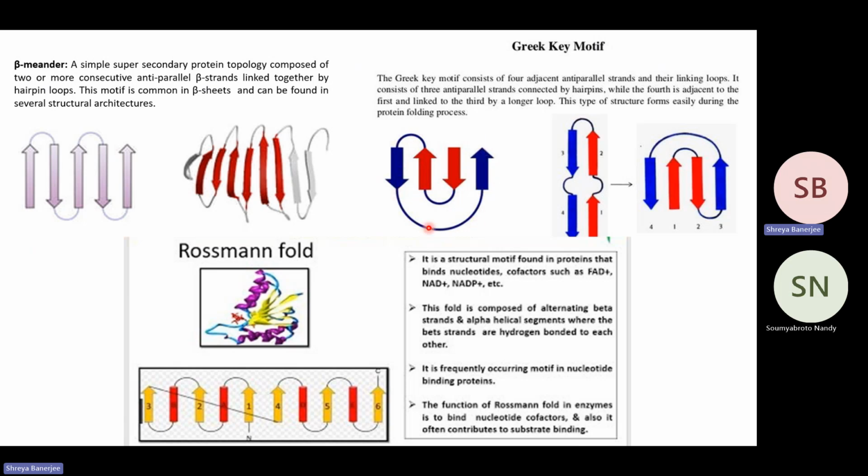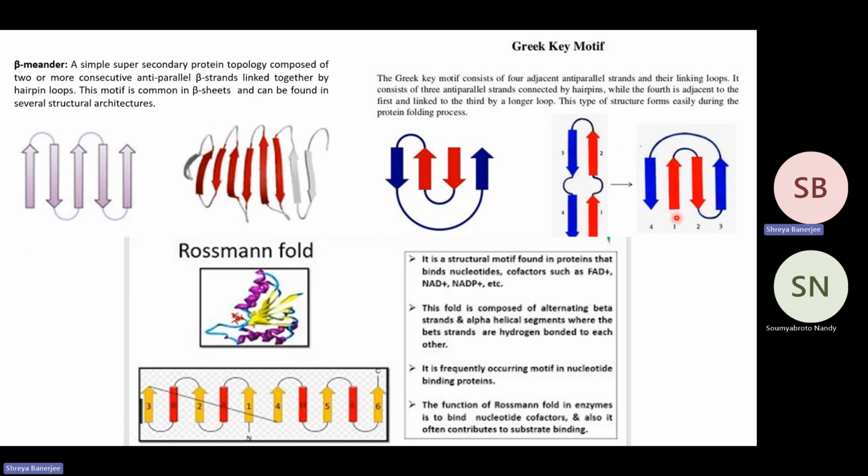So this kind of structure is called a Greek key motif. It consists of 3 antiparallel beta strands connected by hairpins. There is one short loop here, another short loop and one long loop.